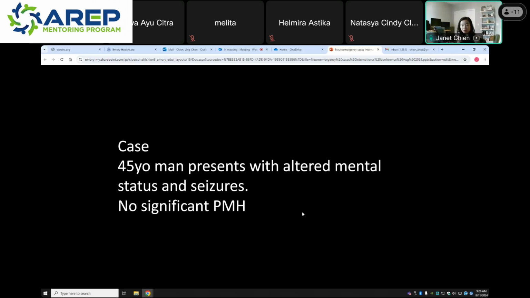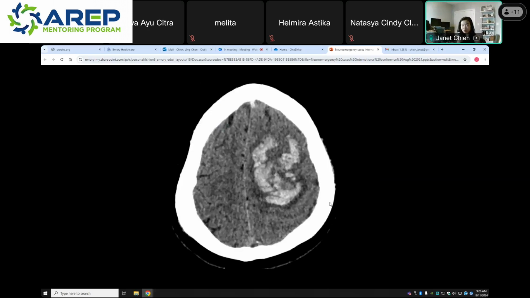So this case is a 45-year-old man who presents with altered mental status and seizures. There's no significant past medical history. I'll give you some time to think about the underlying cause of the imaging finding, because the clue why this person hemorrhaged is on the image.